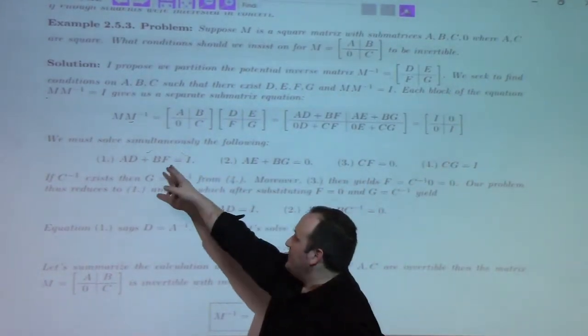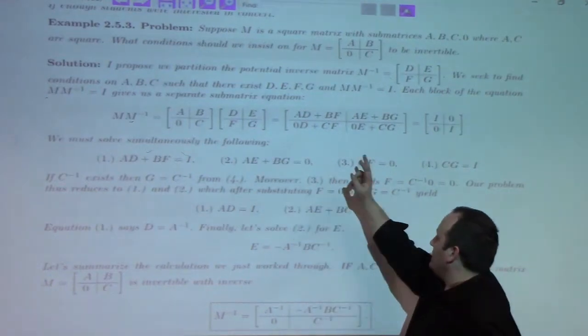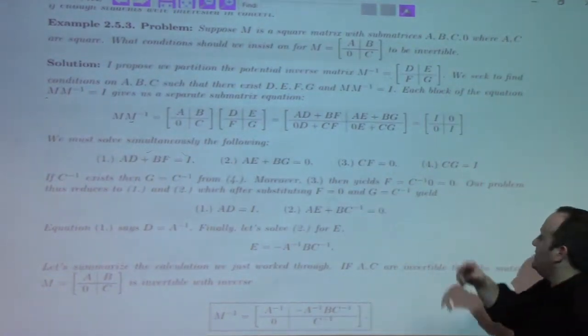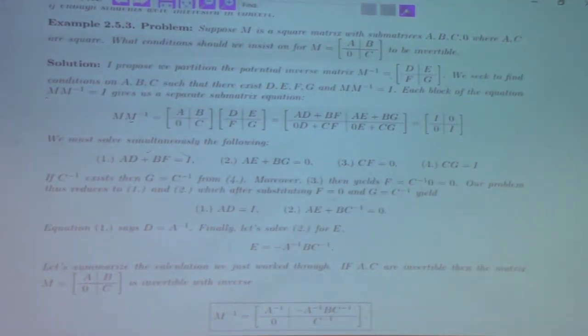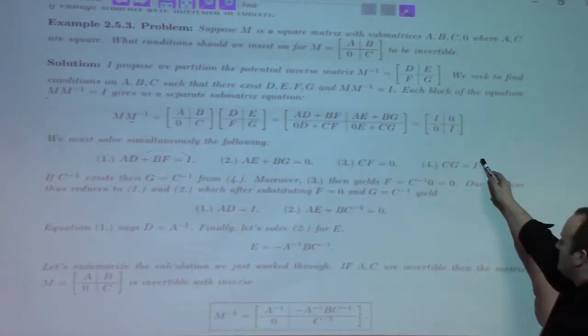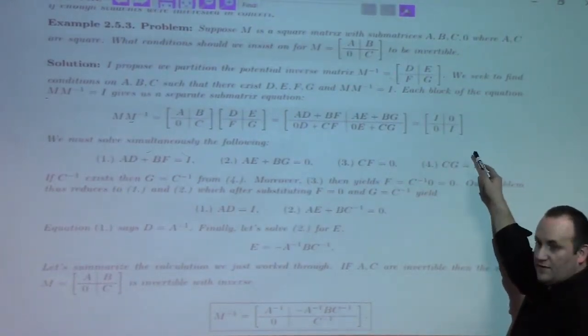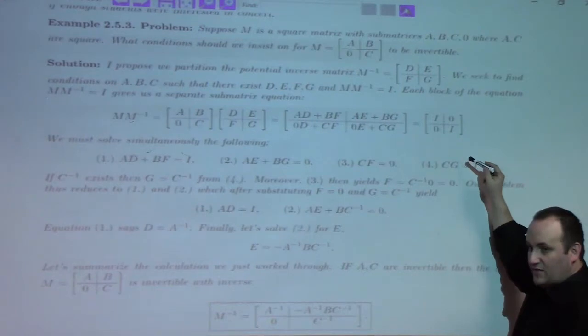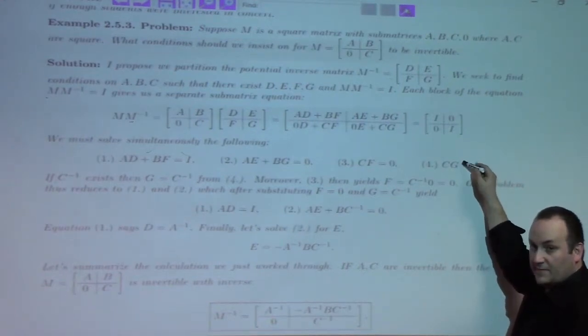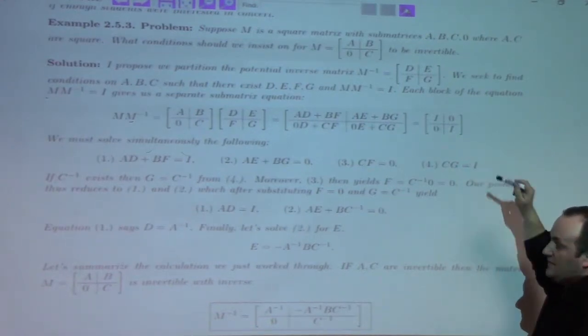I need that AD plus BF is I, I need that AE plus BG is 0, I need that CF is 0, I need that CG is I. Aha, well this right here says that's non-negotiable. This tells me that G is the inverse of C, so G has to be C inverse.